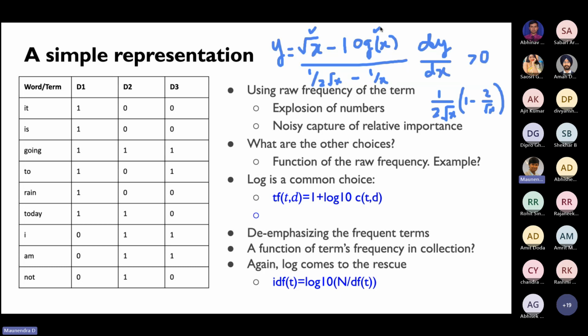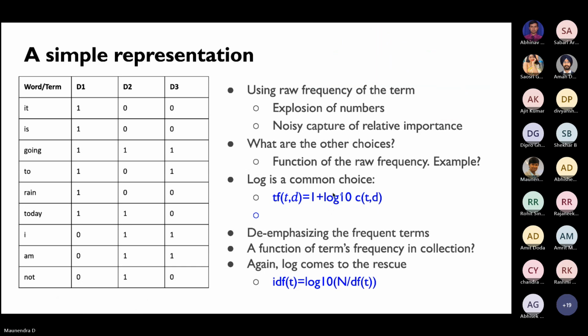Okay, so then people said log, and log can actually have any base, right? So they fixed that. Okay, we'll be using base 10. Well, that was a choice, and other things can also be done.